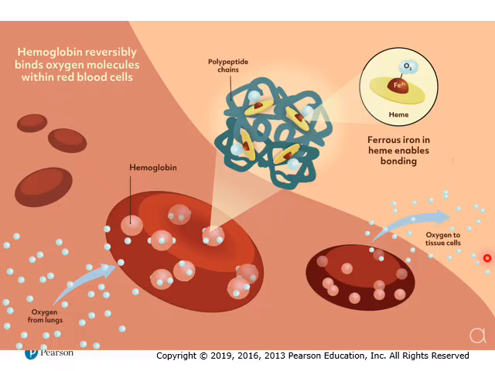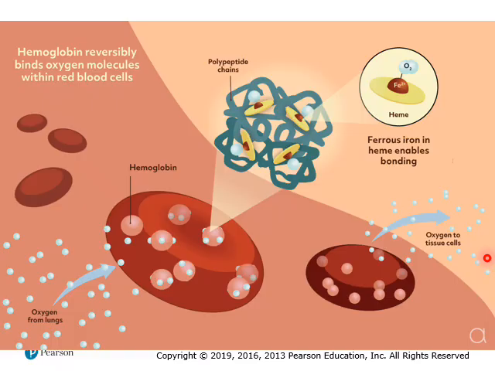Pretty much, the hemoglobin is not going to carry any more oxygen. A partially saturated hemoglobin is when only one to a maximum of three would actually be carrying oxygen.